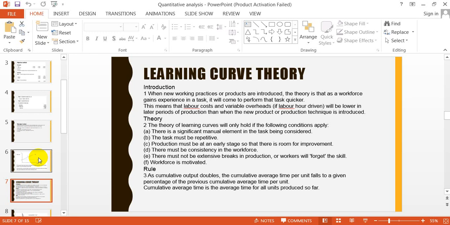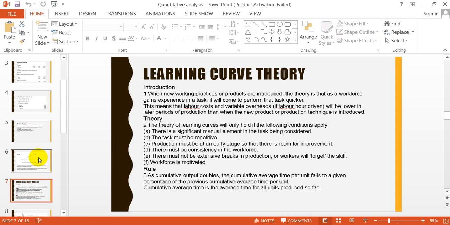The rule, which is very critical as we apply the calculation, is that as cumulative output doubles, the cumulative average time per unit falls to a given percentage of the previous cumulative time per unit. Clear? Repeat it. As cumulative output doubles. Cumulative, what does it mean?